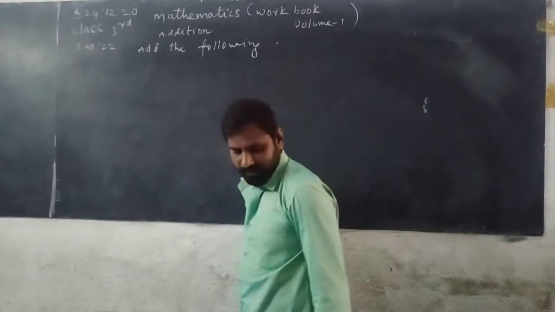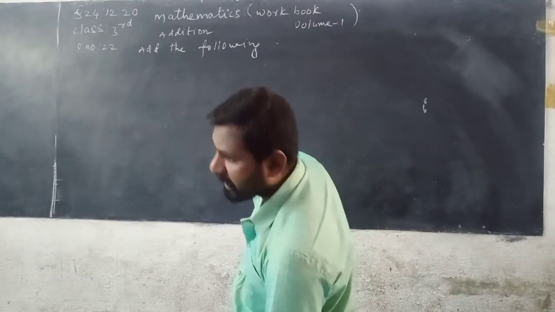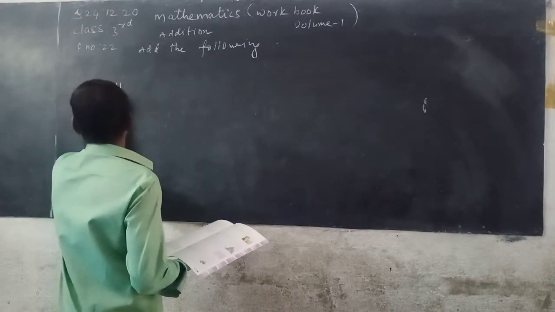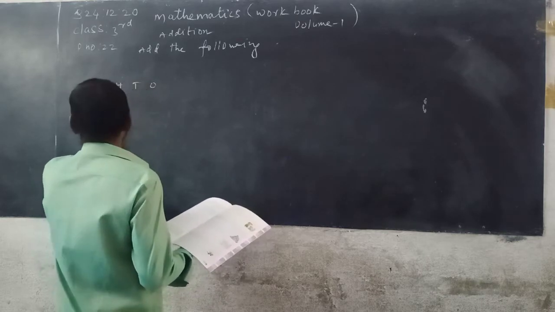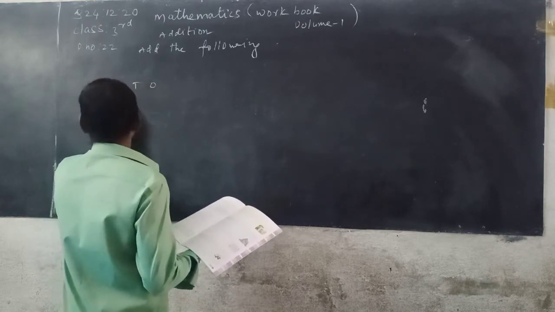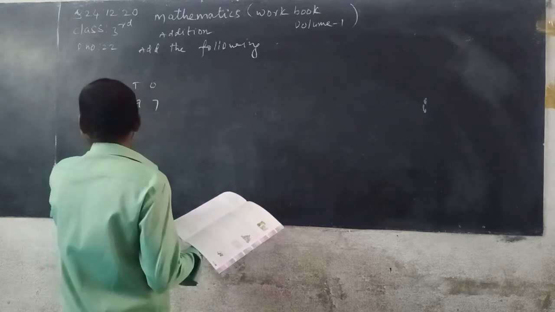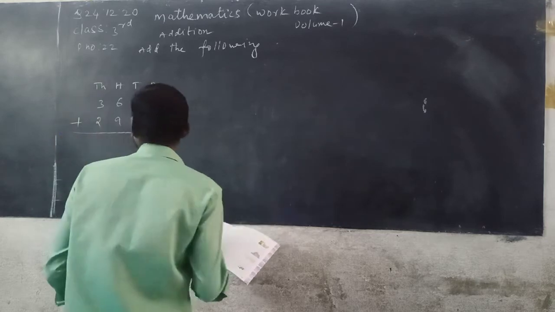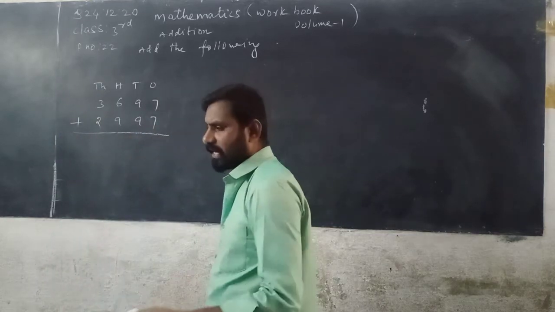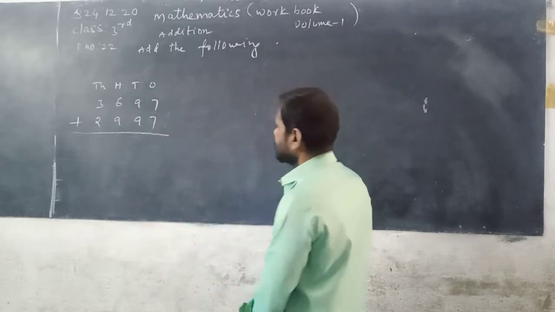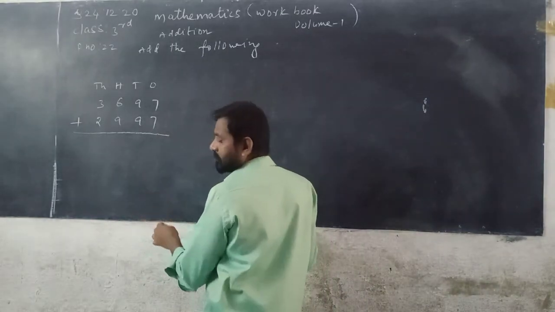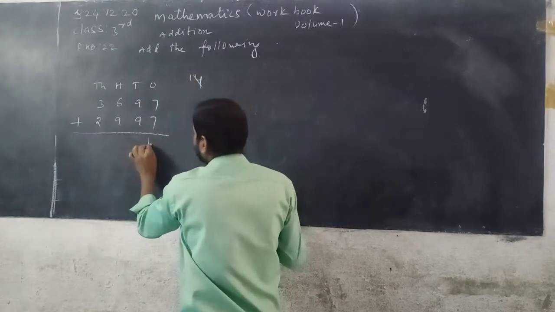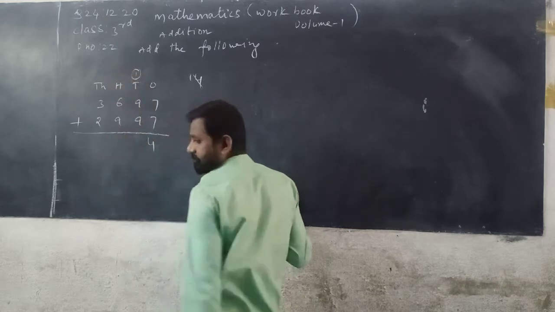Next, third bit, add the following with carrying. 3,697 plus 2,997. First add the digits in ones place, next tens place, next hundreds place, next thousands place respectively. See here, look at the blackboard. 7 plus 7 you get 14. In it, 4 is written down in ones column and 1 is carried over to the tens place.